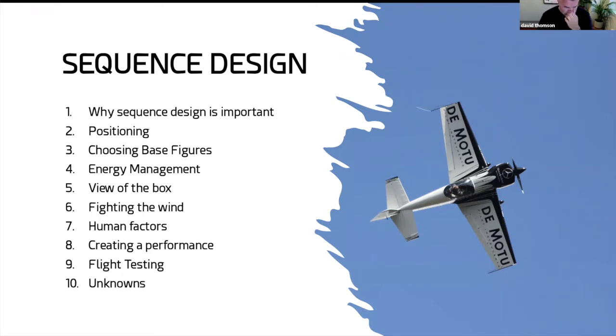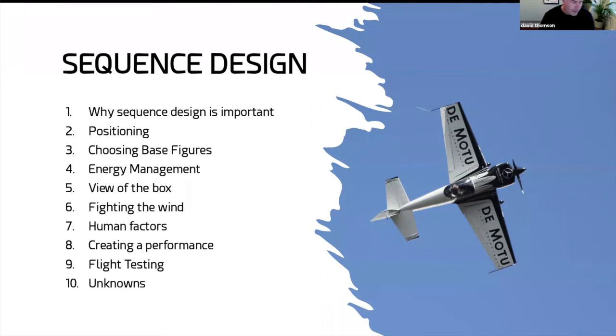And then something that I think is really important is trying to create some kind of a performance and how you can design that into your sequence, and then actually testing it to see if it works, so flying it, and how I try and go about doing that.